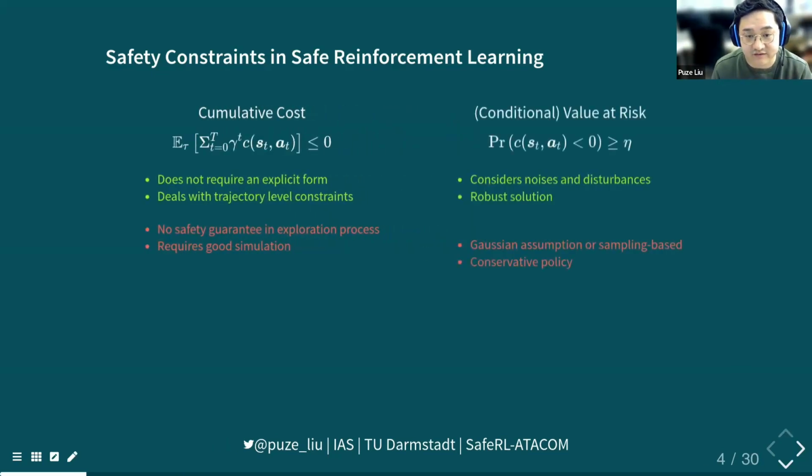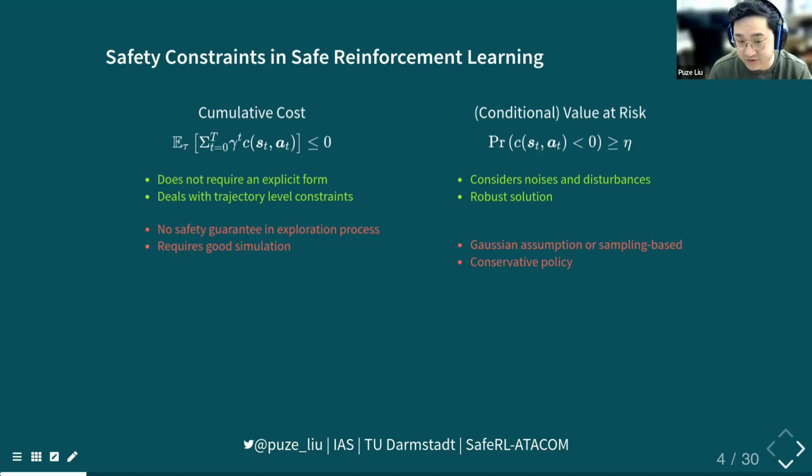The second type of constraint that people work on is value at risk, and sometimes conditional value at risk, where you try to ensure that the probability of constraint violation is smaller than a threshold, or that the probability of constraint satisfaction is bigger than a certain level. With this kind of constraint, you also consider the noise and disturbances, and probably get more robust solutions.